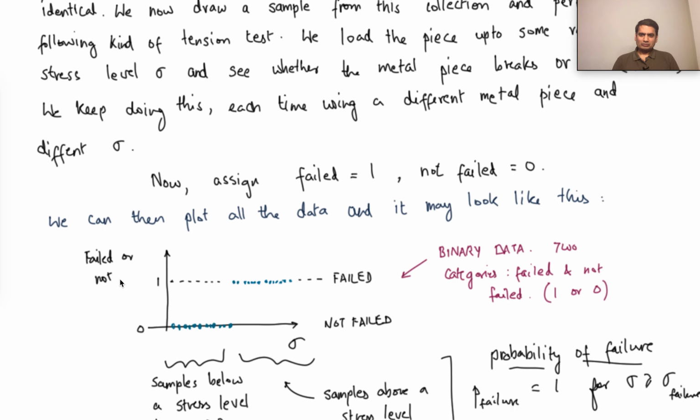This might be a kind of data that you might get where you plot sigma, the stress applied, on the x-axis, and then this discrete output, whether the sample failed or not, as the output, which is 0 or 1.